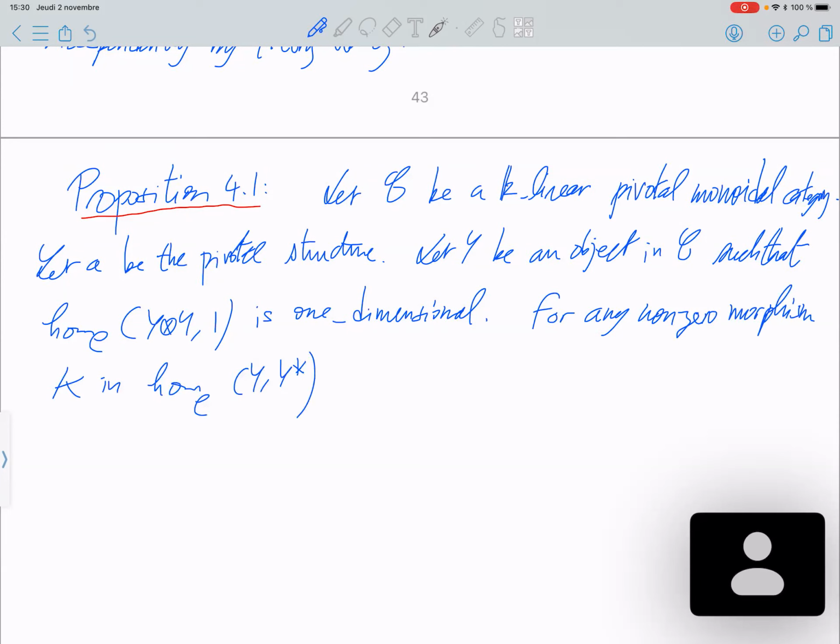And for any object X in C, we will consider the following bilinear form on the Hom space between 1 and X tensor Y tensor X star, with values in End of 1.